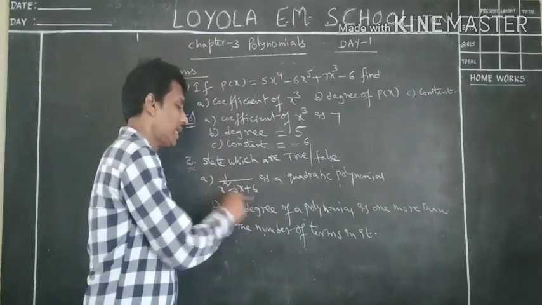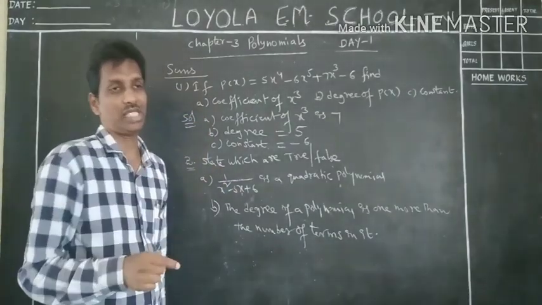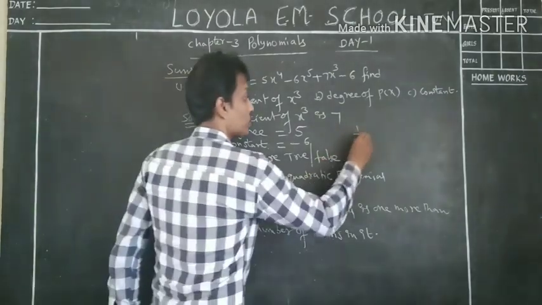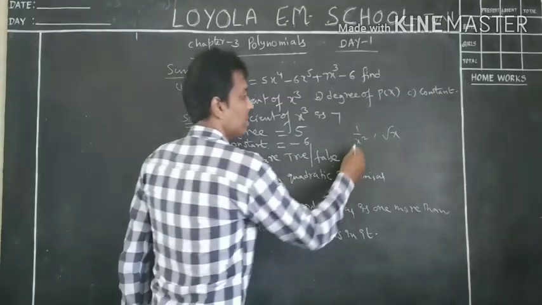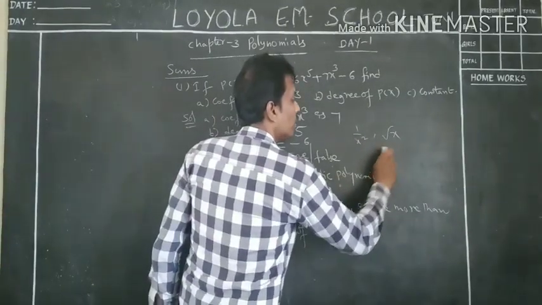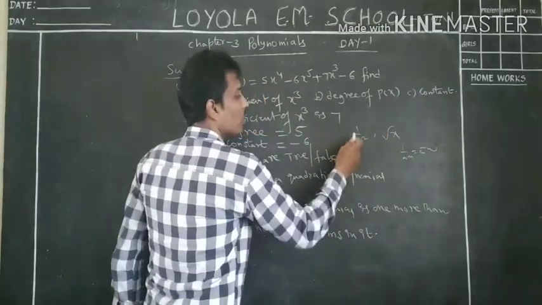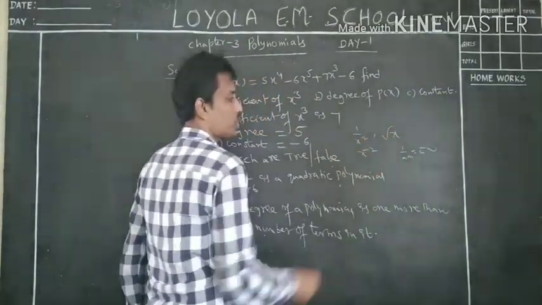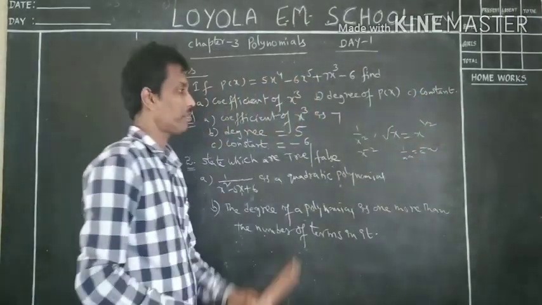When the entire polynomial is given under 1 by, like a fractional form, 1 by x square or some root x, we know a formula: 1 by a power m is equal to a power minus m. Now how does it change? x power minus 2. This root x value becomes what? x power 1 by 2.